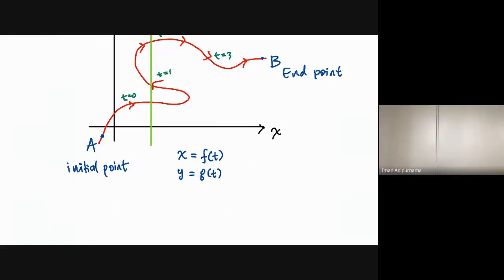Because if you are thinking strictly of time, if I say can t be negative, it seems like, okay, I'm going backwards, right? So I'm time traveling. But actually t can be minus.